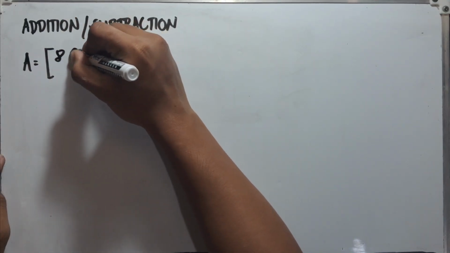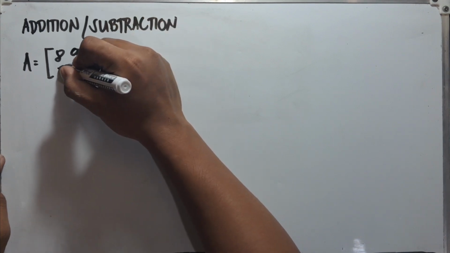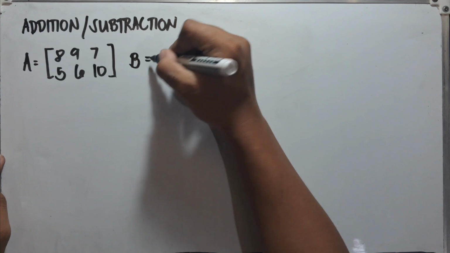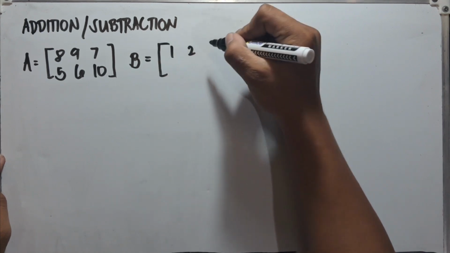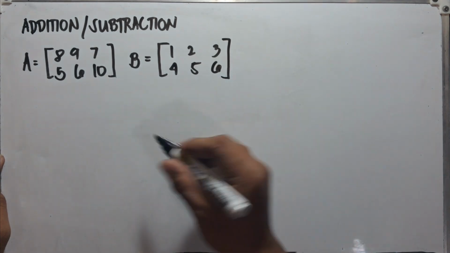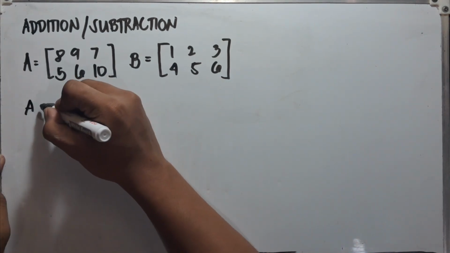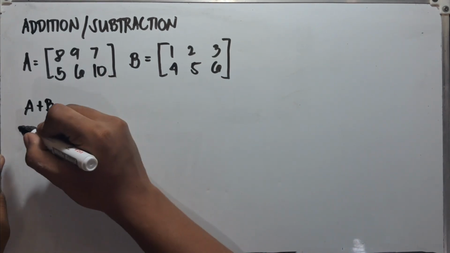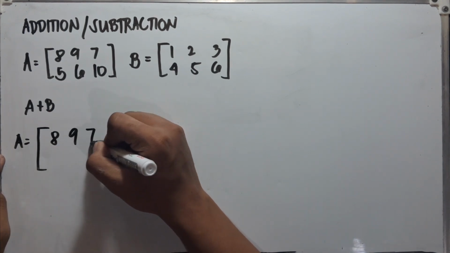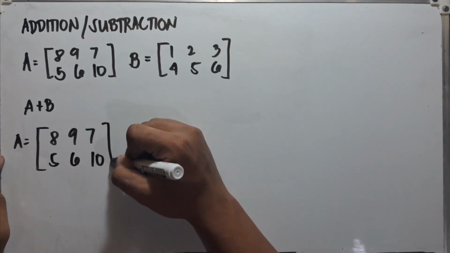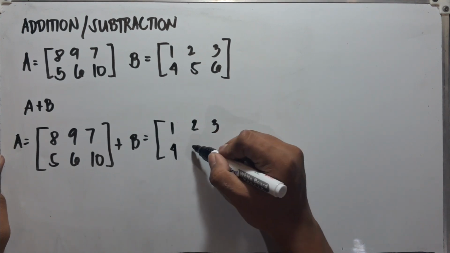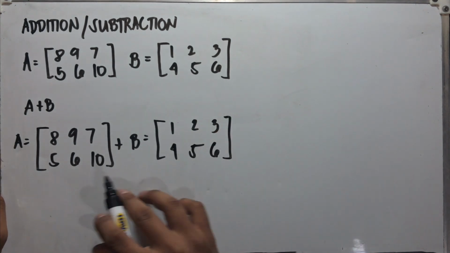So now let's proceed to the addition and subtraction of a matrix. Matrix A is equal to 8, 9, 7, 5, 6, 10. Matrix B is 1, 2, 3, 4, 5, and 6. So matrix A plus B is equal to 8, 9, 7, 5, 6, 10 plus matrix B, 1, 2, 3, 4, 5, and 6.